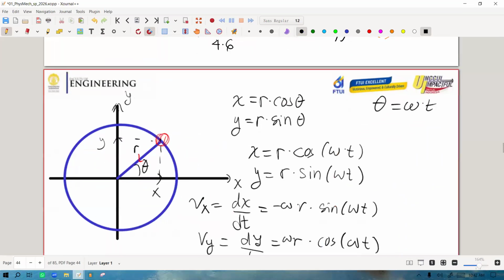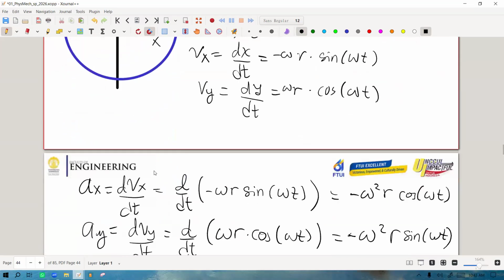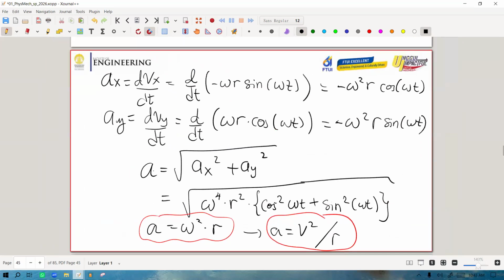So here we have derived the centripetal acceleration, if you remember that. So the final answer is a equal to omega squared times r or v squared divided by r. This one is radial acceleration.